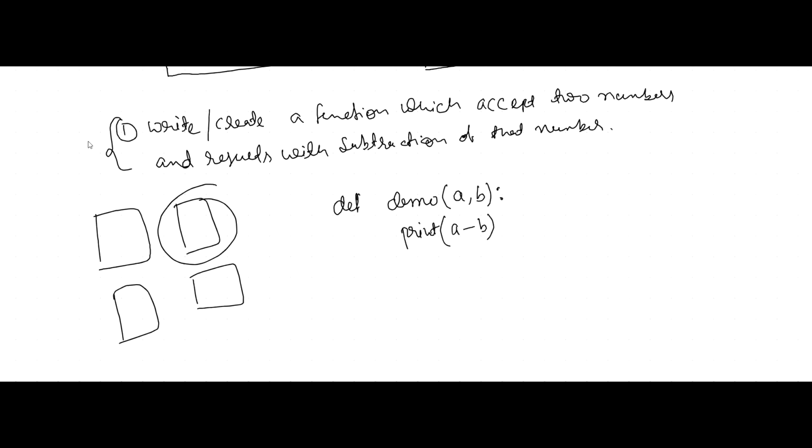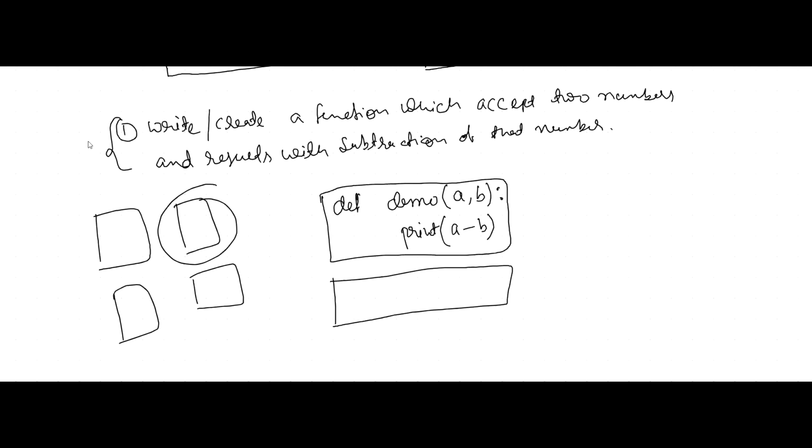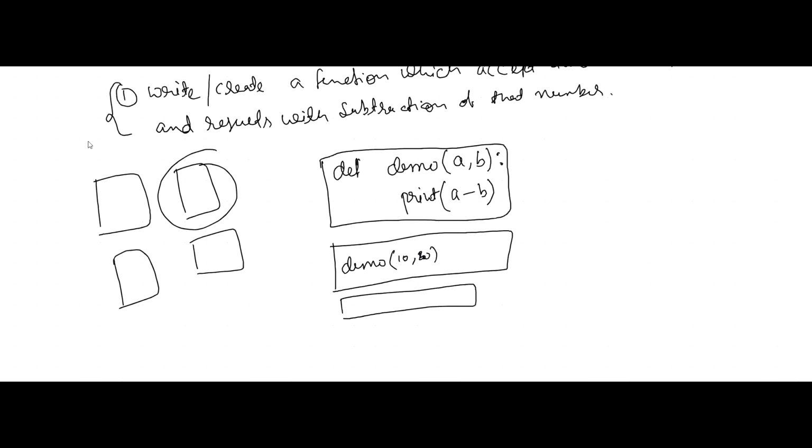This is the function declaration. Now if I have to call this function, I write demo and any two values, 10, 20. If I want to call it again, I write in another block demo 30, 70.